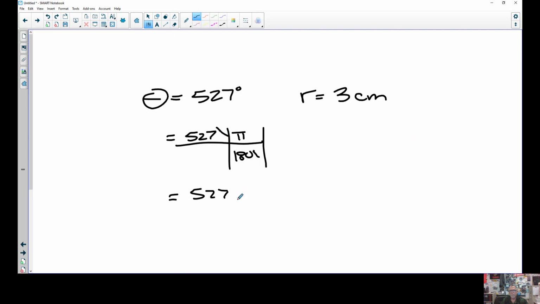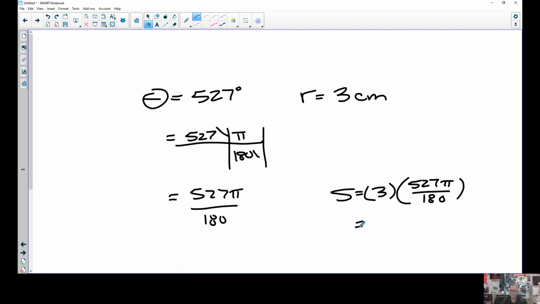527 pi over 180. All right, so our S, that arc length, is going to equal 3 times 527 pi over 180. So what is that going to be? Well, that's 3 times 527.